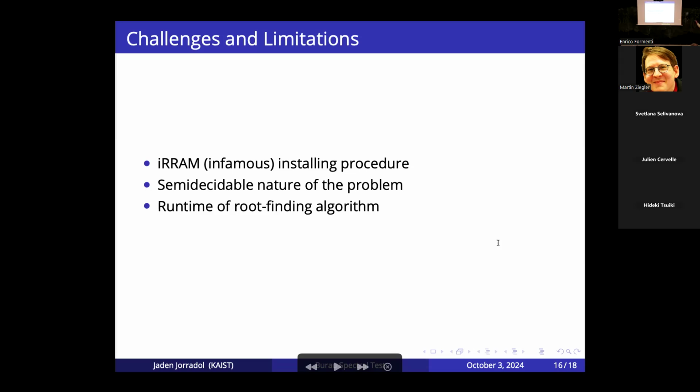And also the semi-decidable nature of the problem does not guarantee that the program will halt in the case that the braid is reducible. And in some cases, if the braid is irreducible, there can be irreducible braids such that there's no obstruction, because the theorem only says that if the braid is reducible, then all of the eigenvalues are in the zone.